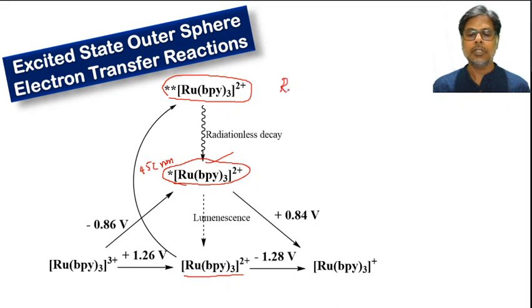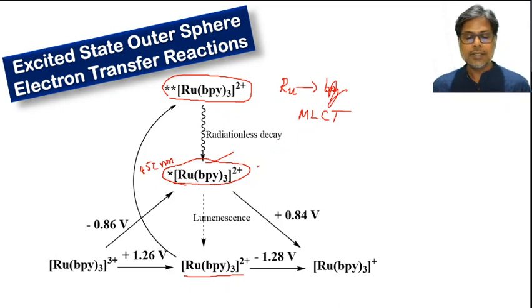That means that actually an electron is going from ruthenium to one of the bipyridine ligands. So that is basically a charge transfer transition, and this is happening from metal to the ligand. So this is an MLCT, metal to ligand charge transfer, is the one which is taking place here.